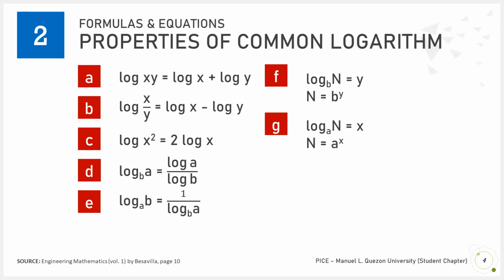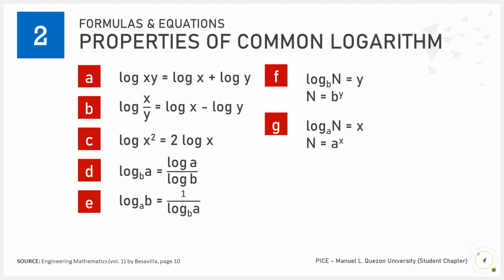Okay, so we'll have a run through of the properties muna. So aside from F and G, since na-explain ko na sila, yung letter A is what we call the product of two terms. So kapag yung product of two terms is argument siya ng common logarithm, we can transform it by getting the common logarithm of the first term plus the common logarithm of the second term.